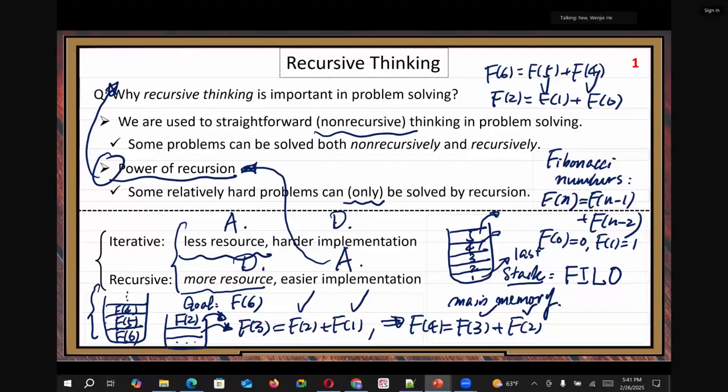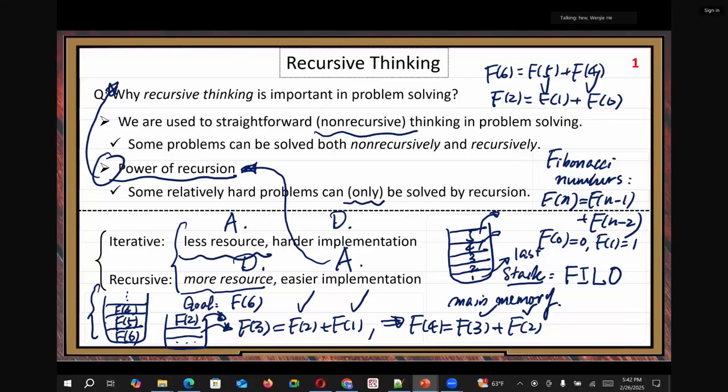You can see the disadvantage. You need to use a lot of memory space, and you can encounter the stack overflow runtime error. That's the cost. So you need to pay that cost in order to use the powerful recursive algorithms.